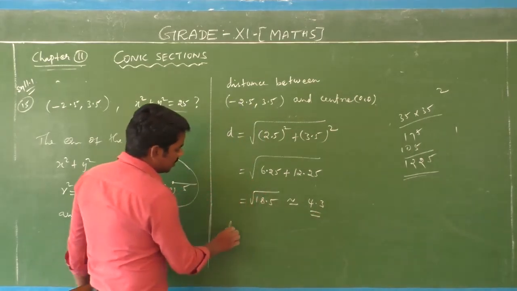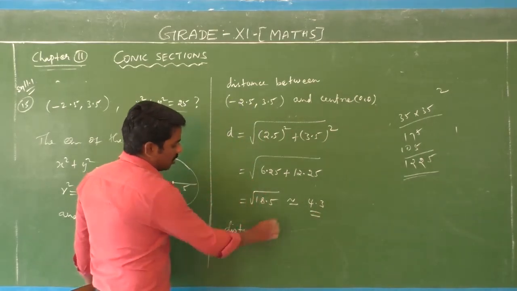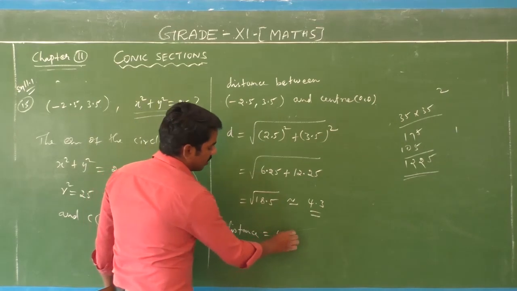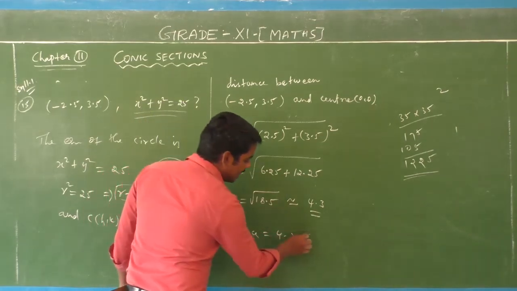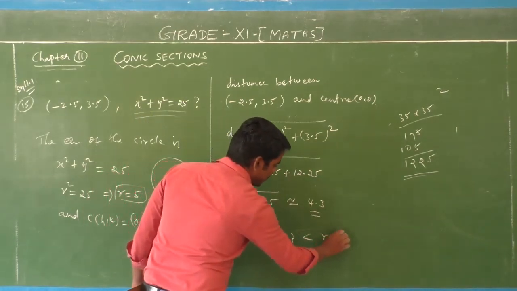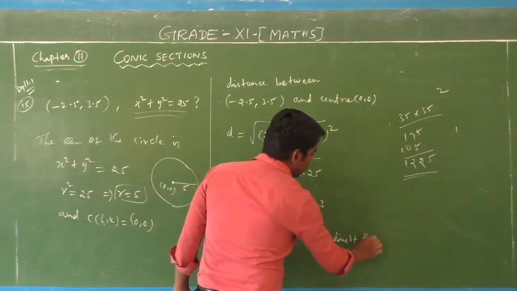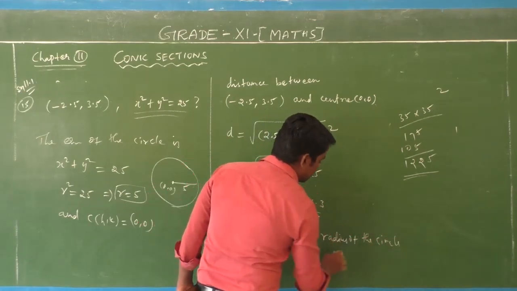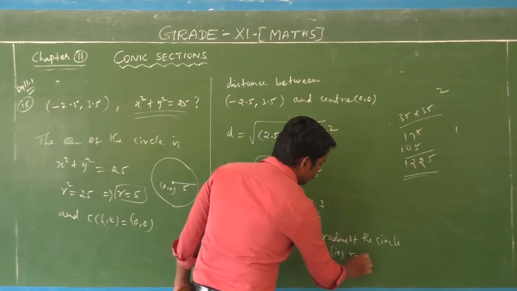The distance 4.3 is less than the radius of the circle, that is 5.